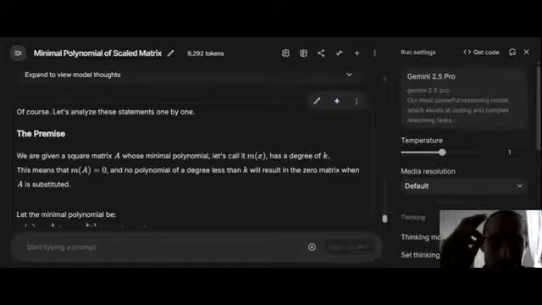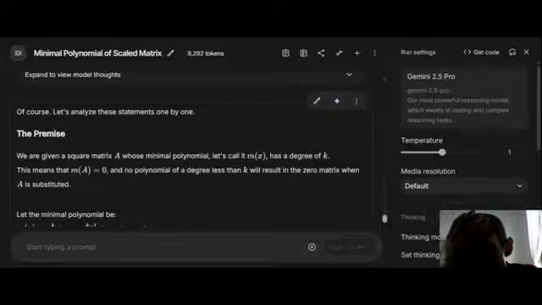Let's call it finding a formula for the inverse matrix.